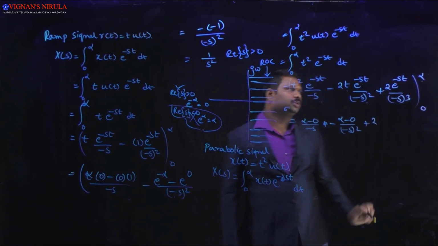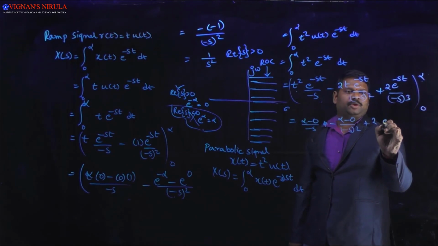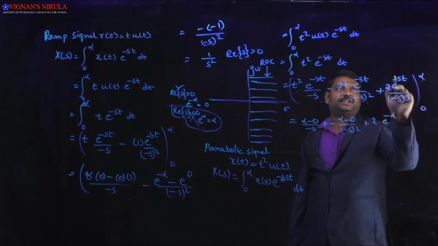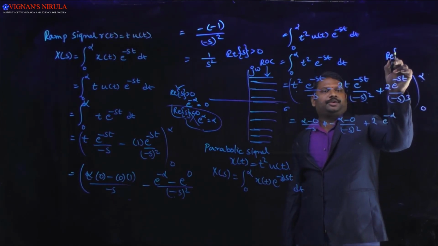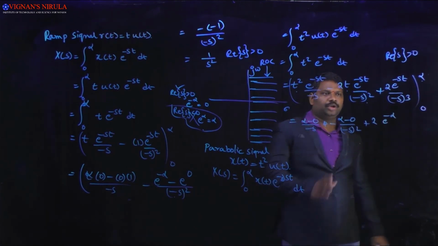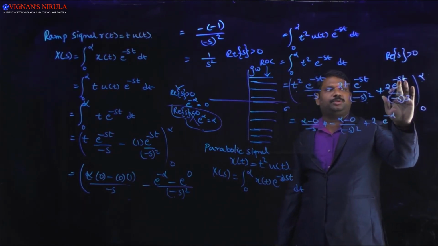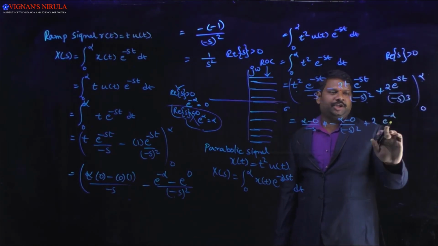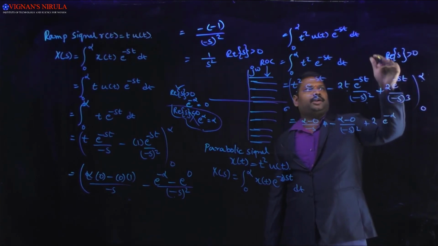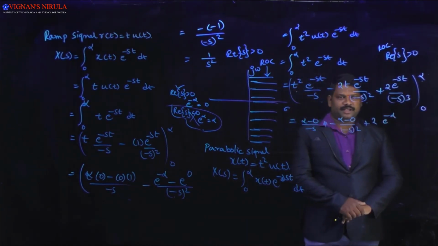2 into, next when we put infinity here, e power minus infinity. To get this, how should s be? It should be given as Re of s greater than 0 only. Then only we can write e power minus infinity. Otherwise, when Re of s is less than 0, we would write e power infinity. We have taken the region of convergence as Re of s greater than 0.